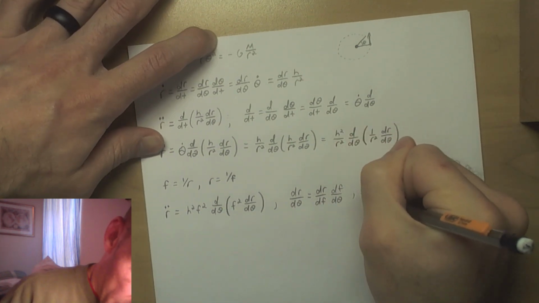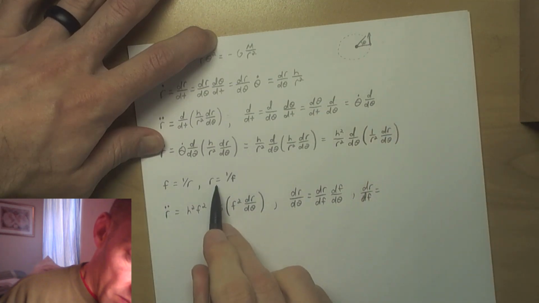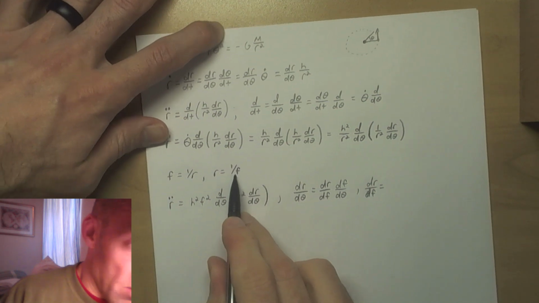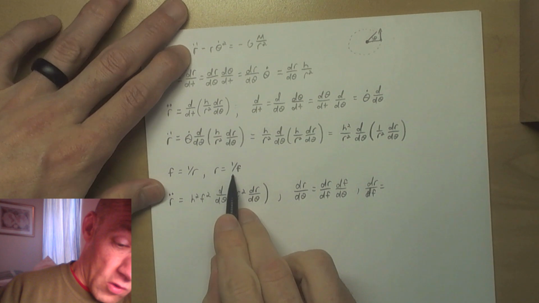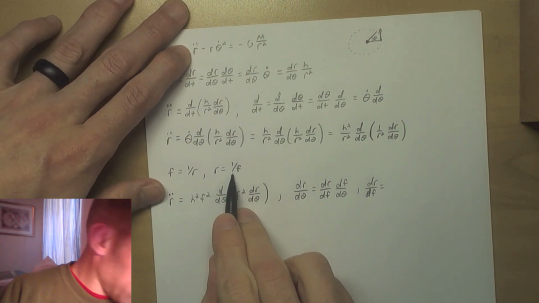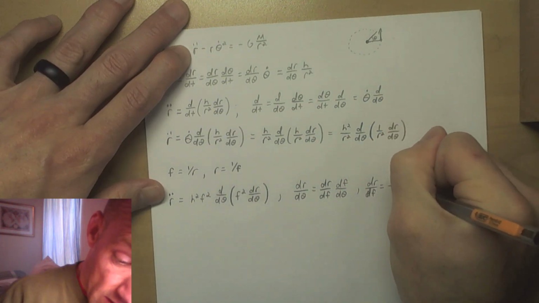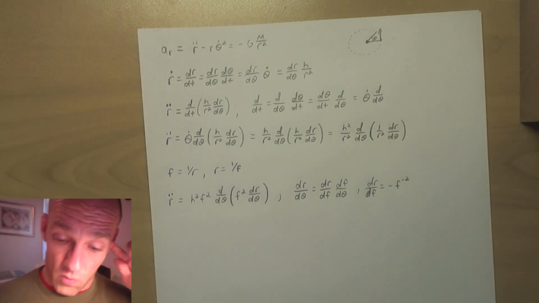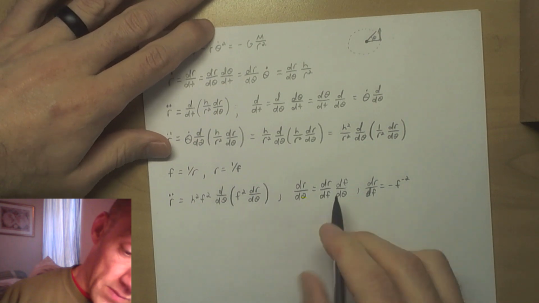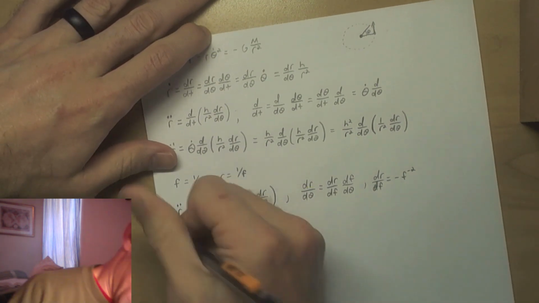And dr df we get from this relationship. So r is equal to 1 over f, so dr df is just the derivative of this with respect to f. This is f to the negative 1, so dr df is negative f to the negative 2, using the power rule. Now we can substitute in for that dr d theta.